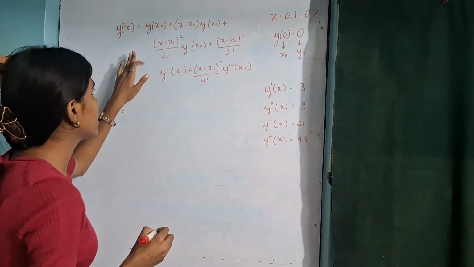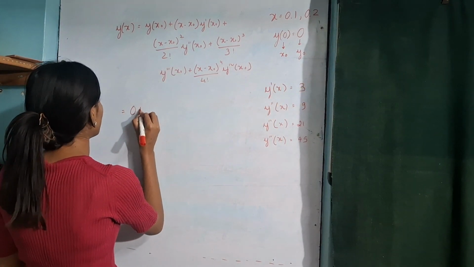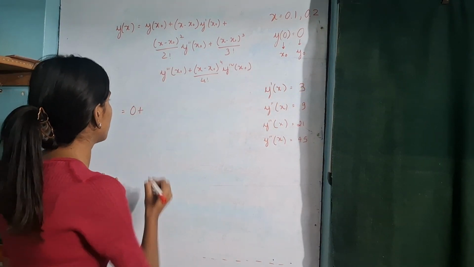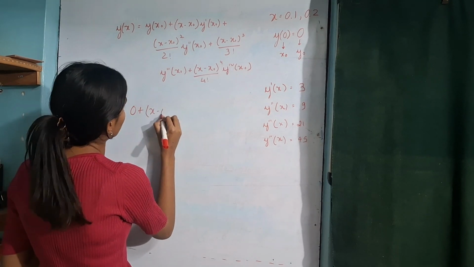Y of x naught is 0. It is given in the question itself. It is 0 plus x minus x naught. X, you have to keep it as it is. X naught is also 0.